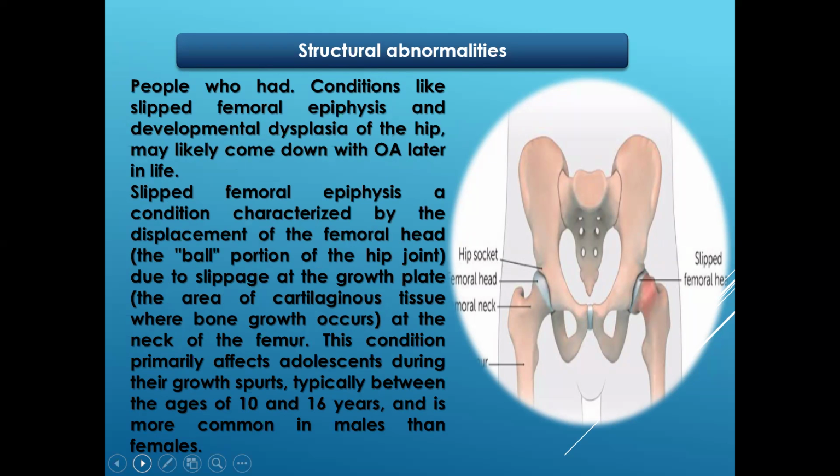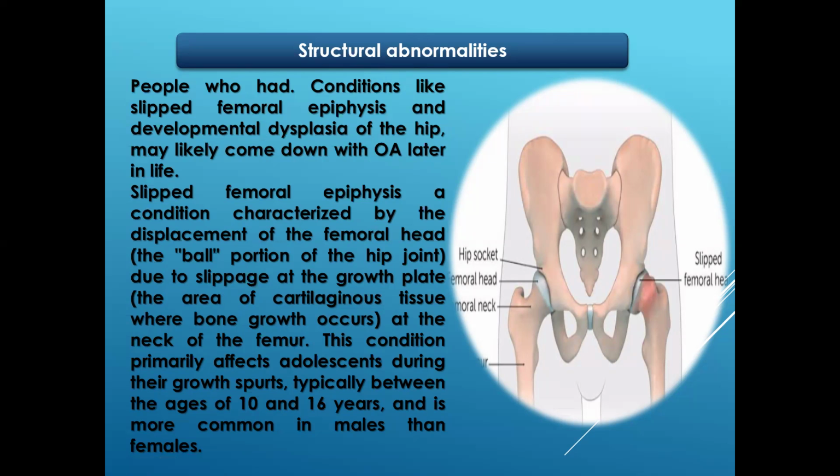Evidence has shown that people who had conditions like slipped capital femoral epiphysis, SCFE, which is a condition known by the displacement of the femoral head, like this, whereby the head of the femur is displaced from this area, will likely develop osteoarthritis in later life. That's what we're trying to say.